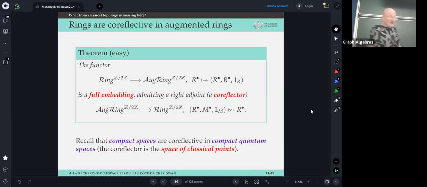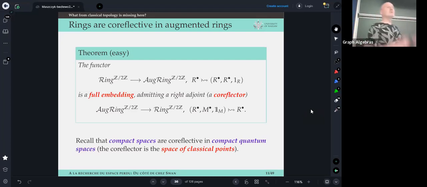Okay, and this co-reflector can be written in terms of a very obvious, very simple association: to every triple R, M and the distinguished unit-like element, we forget about M and this unit. So look at what is happening in these two directions, because you have functors in both directions.